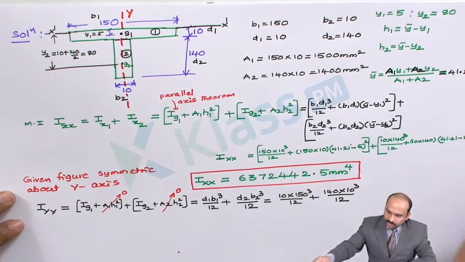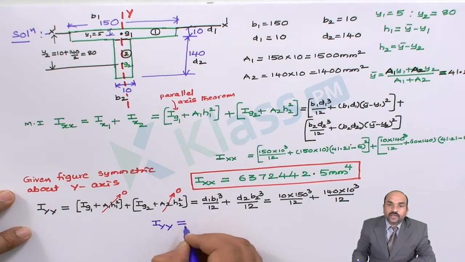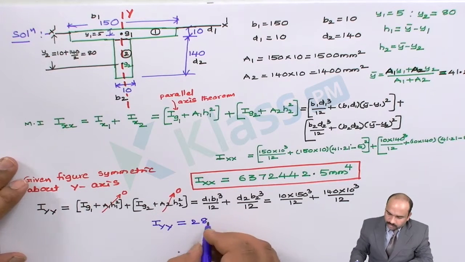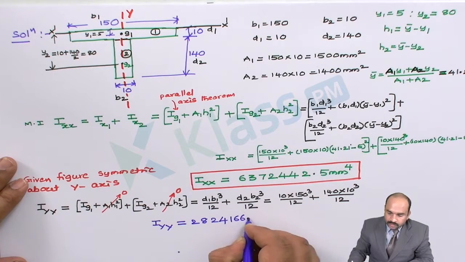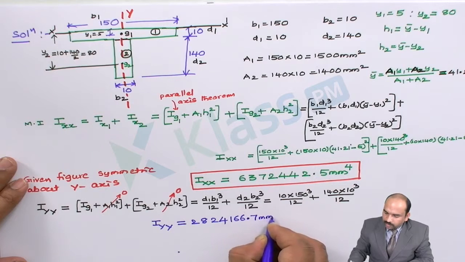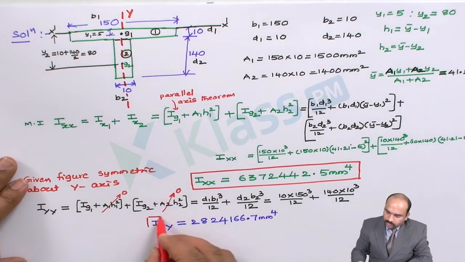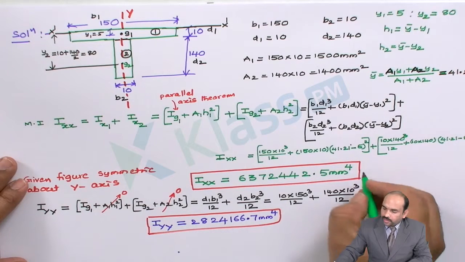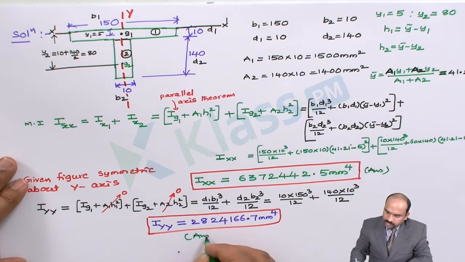By simplification, we get the moment of inertia about yy as 2824166.7 mm to the power of 4. So this is the moment of inertia about the y-axis. These are the required answers: this is the first answer and this is the second answer.